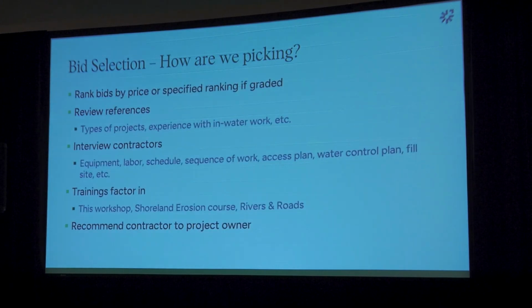It's really our responsibility as engineers to make sure that whoever is going to be doing the project, with the actual excavation and the moving of material, really understands the project and is the best fit for it.